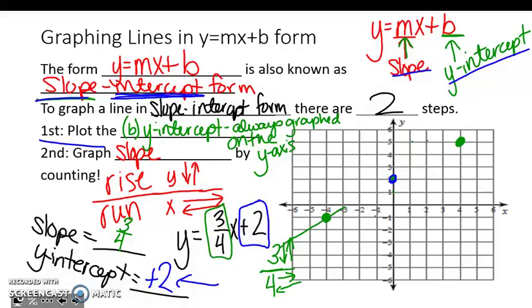Then you're going to use your ruler and you're going to connect those, putting arrows on either end. And the last thing you should be doing is checking that your line is correct. So if it's a positive slope, 3/4 was a positive number, you should end up with a positive line.